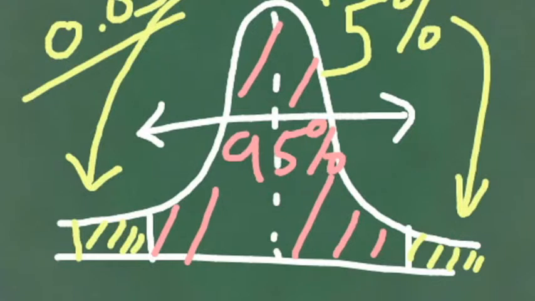If we were to go back to this graph here, the distribution allows us to capture 95% of the values if we choose this lower limit to this upper limit.